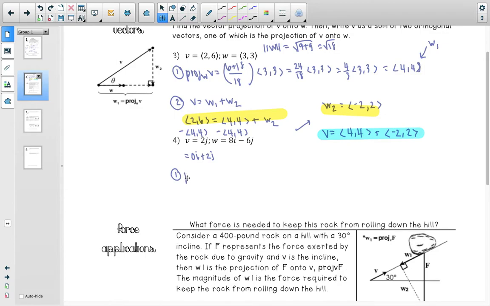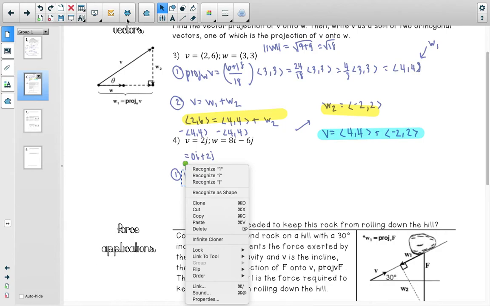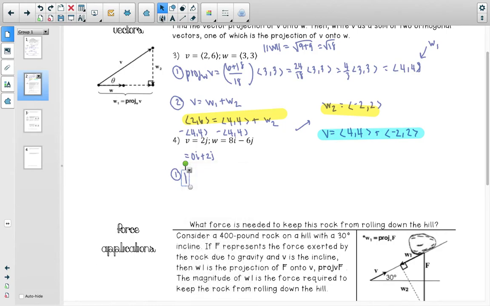Okay, now that you restarted the video, and I always do that, without a doubt. We're finding the projection vector. V doesn't have an I, so we have to think of it like this just to be safe. You're going to take 0 times 8, which is 0, and then you're going to take 2 times negative 6, which is negative 12.